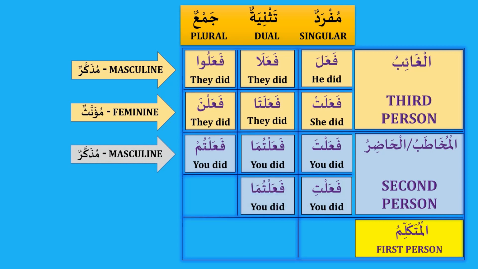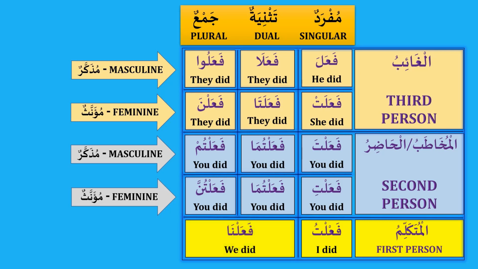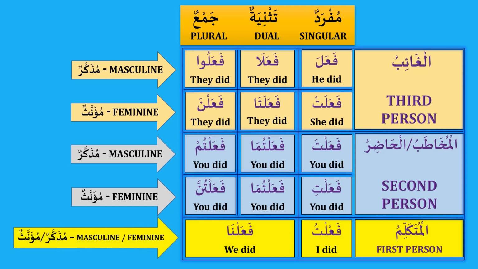Fa'altuma, you did, dual. And fa'altunna, you did, plural. And these are muannath, feminine. Fa'altu, I did, and fa'alna, we did, for dual and plural. And these are mudhakkar, muannath, masculine or feminine.